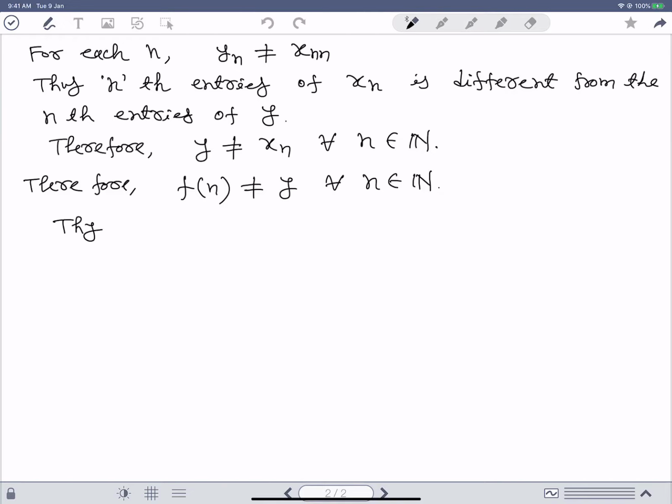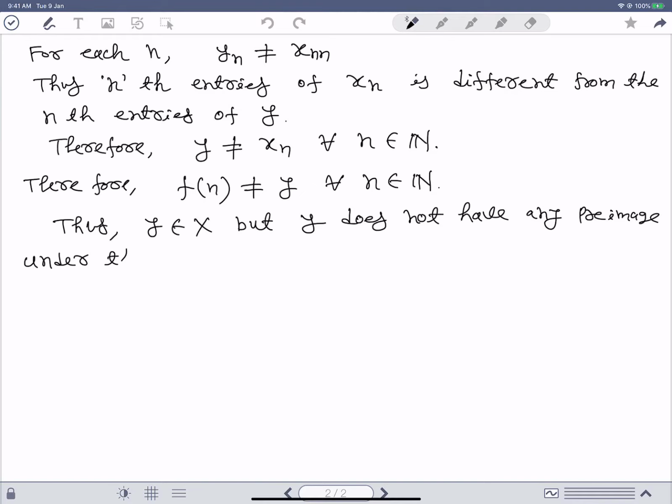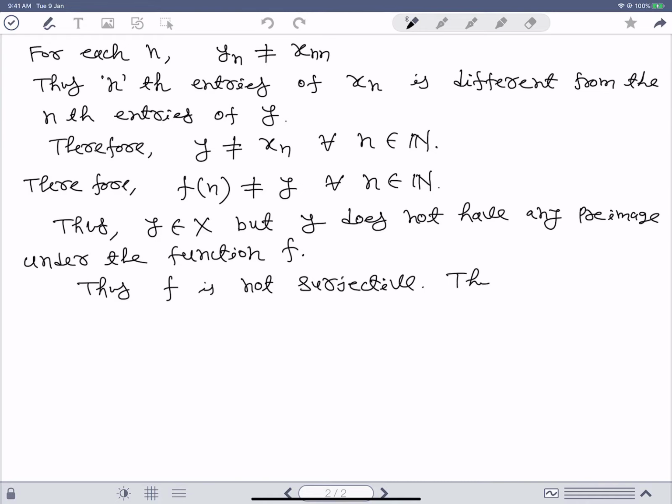Thus y belongs to X, but the point y does not have any preimage under the function f. Thus f is not surjective. So this is a contradiction. So we assumed that X is countable and we get a contradiction. Therefore X is not countable. So X is uncountable.